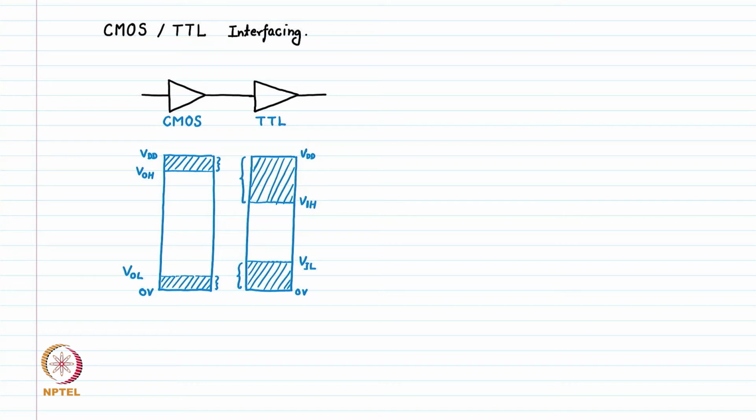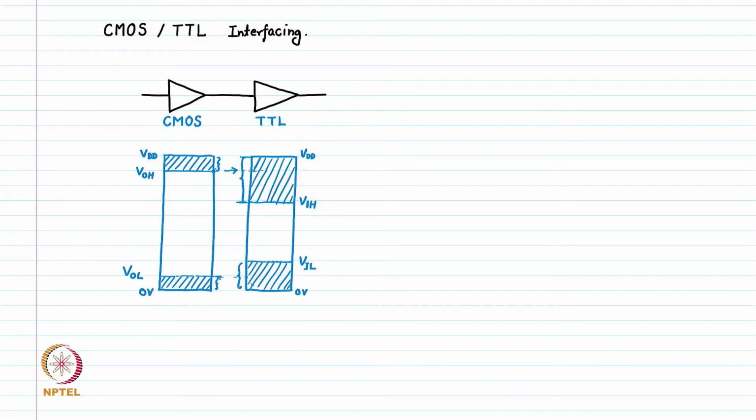Still, the CMOS can drive TTL because when the output will be higher than this voltage VOH, this is definitely detected by the TTL because the VIH level is lower than this VOH. So when the signal becomes VOH, that is still within the range of this VIH and VDD. So this signal will be immediately detected by TTL, and this signal which is VOL or below is detected by TTL because the signal itself is lesser than VIL and below.